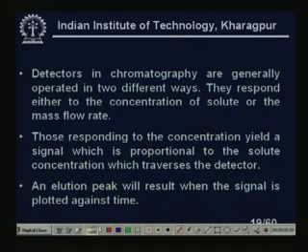So, how does it look? Let us look at this. You see here the selectivity and efficiency, this is very important in the case of the peak, right. Those are the things we should discuss. What is the selectivity, what is the efficiency? Let us look.